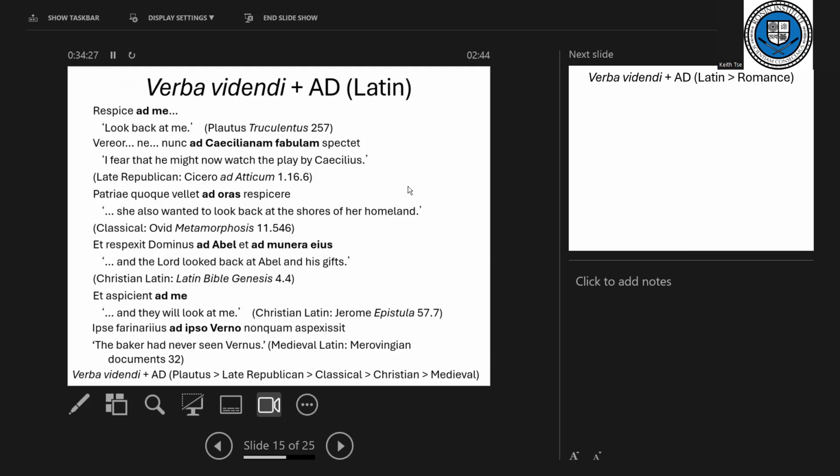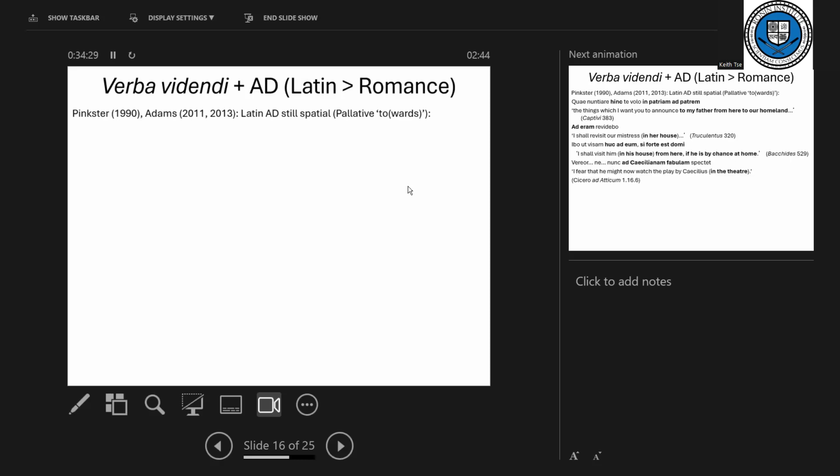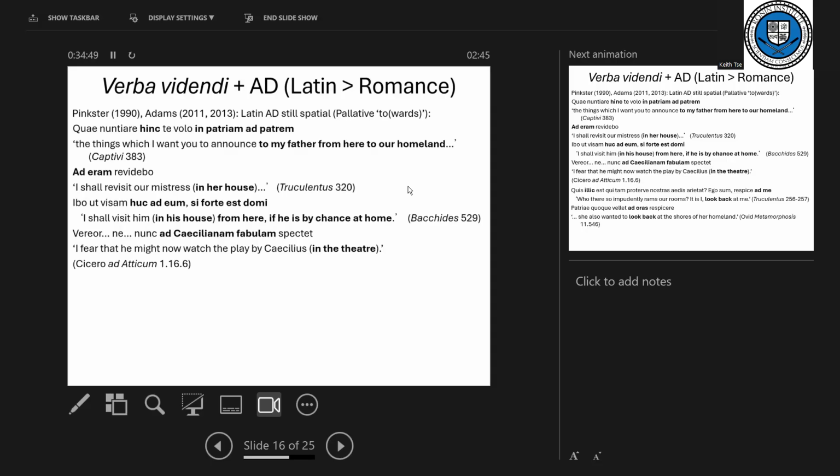However, there's more to it than that, because both Pinkster and Adams have shown that ad in Latin, especially in the earliest attestations, isn't yet a case marker, because it still retains spatial force. It still has this elative meaning of pointing towards a particular thing. For example, in the famous example in Captivi, context makes clear that ad here denotes delivery.